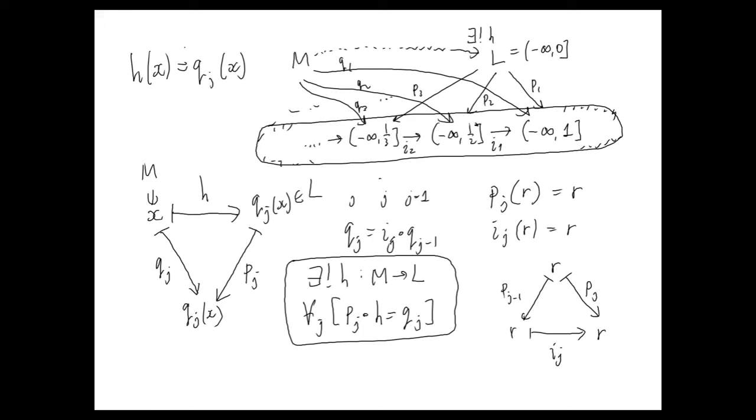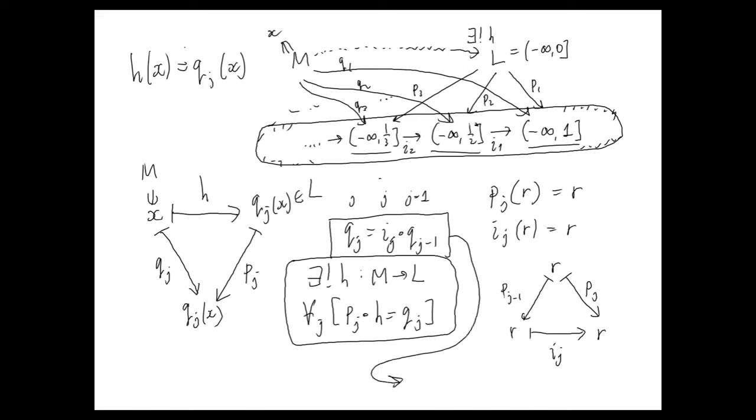So we've got an element of M, small x, and now each of these Qs are mapping these elements to various elements here, there, and so on, right? What we do know about these Q mappings is that this equality always holds for every J: Qj equals Ij composed with Qj minus 1. Maybe it's worthwhile to write this equality out, knowing what Ij does.